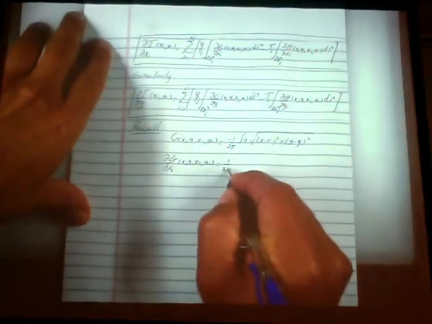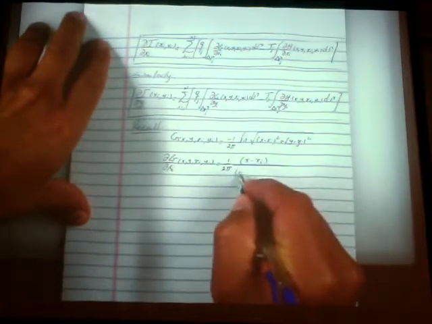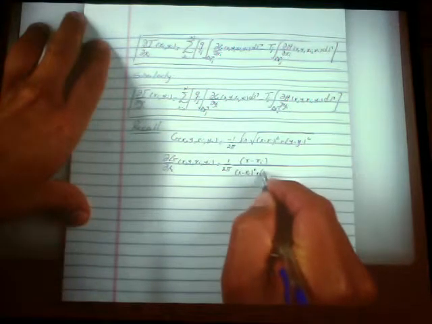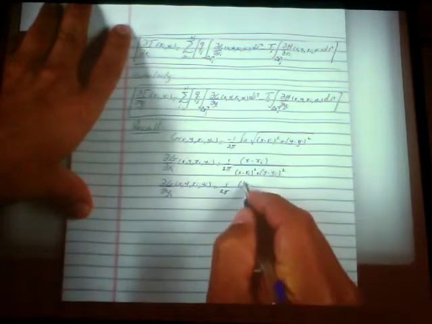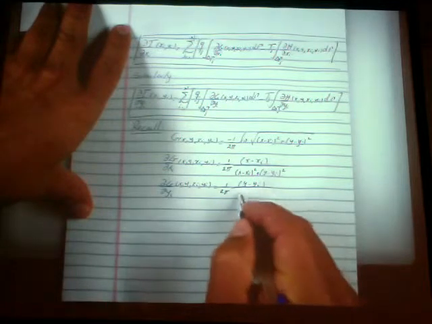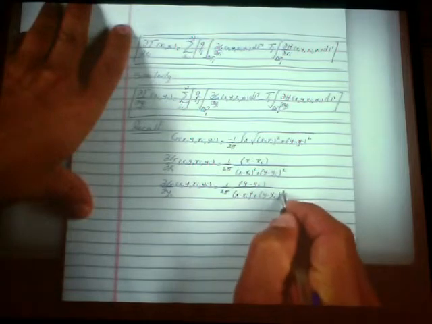So the negative sign will disappear, it will be 1 over 2 pi times x minus xi divided by x minus xi squared plus y minus yi squared. And it's positive, as you can see. And dg dyi is also positive, y minus yi over x minus xi squared plus y minus yi squared.